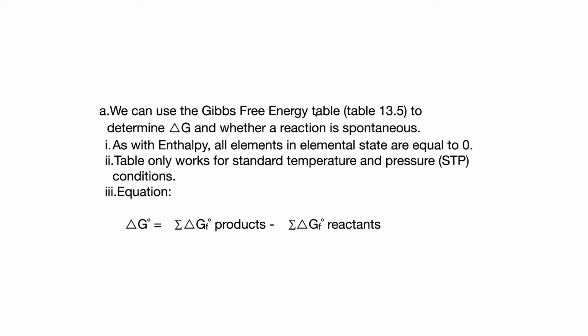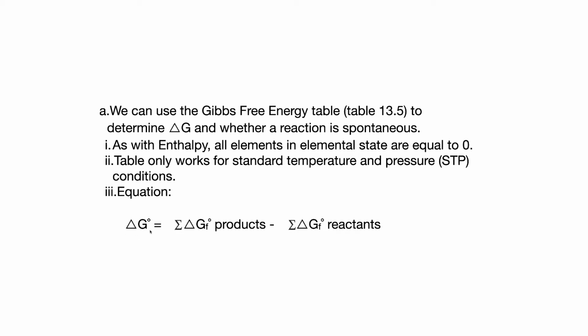We can use another table, table 13.5 in your book, to determine whether reactions are spontaneous or not. Again, as with all enthalpy, all elements that are in the elemental state will be equal to 0. And this table only works if you're dealing with standard temperature and pressure, which we're going to assume that we are.